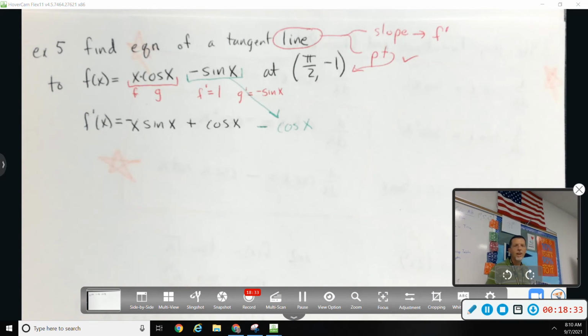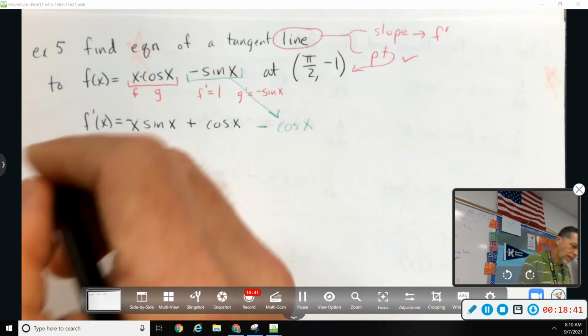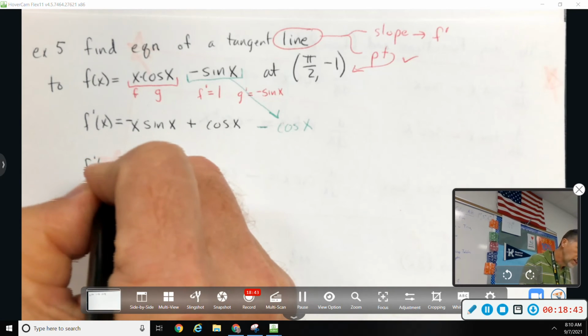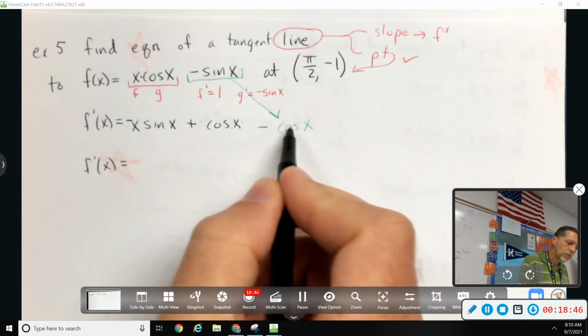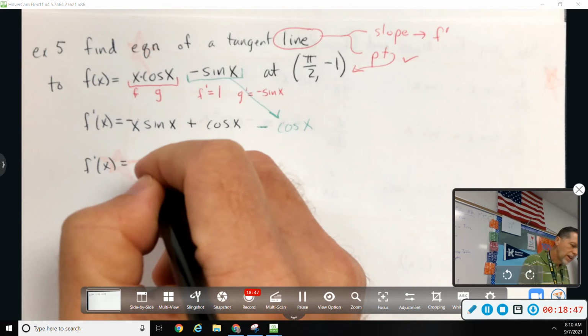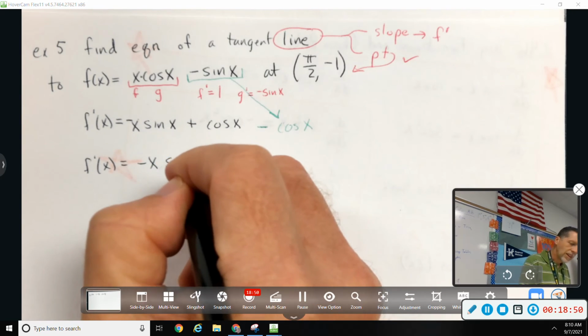So that's the easy part. It's just once you've done a complicated piece, sometimes you forget about the rest of the function to do. This worked out kind of nice because cosine minus cosine went away and we're left with just negative x sine of x.